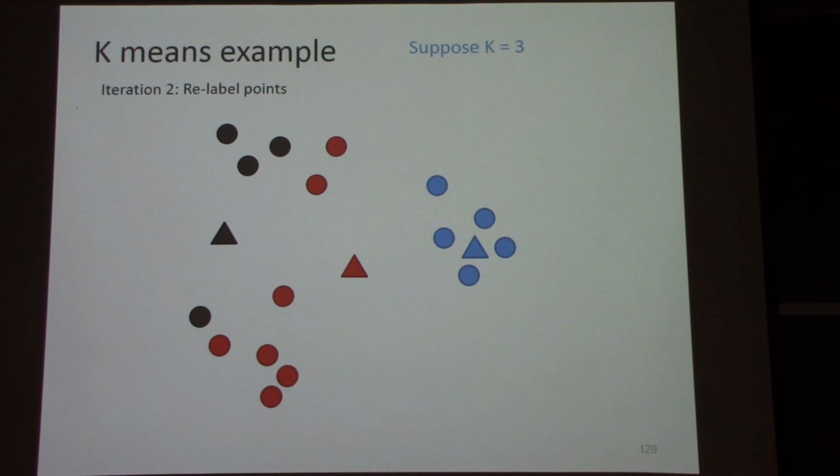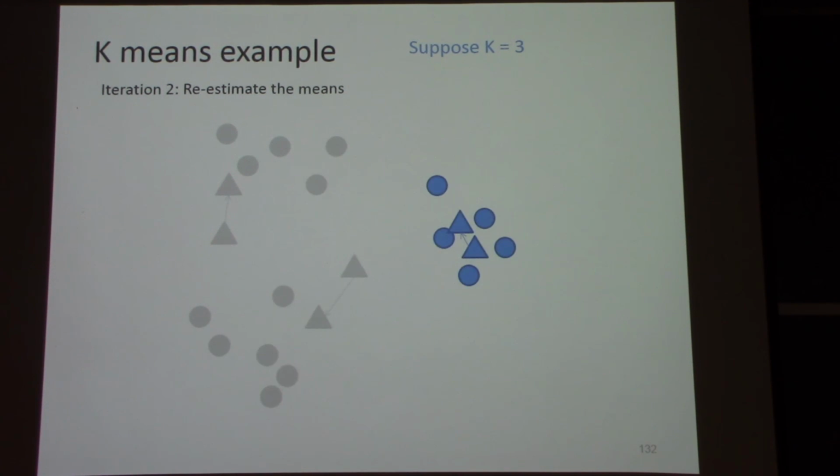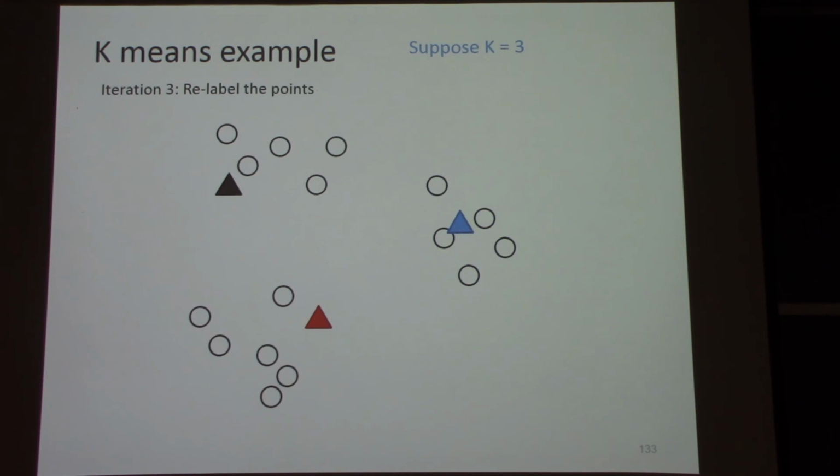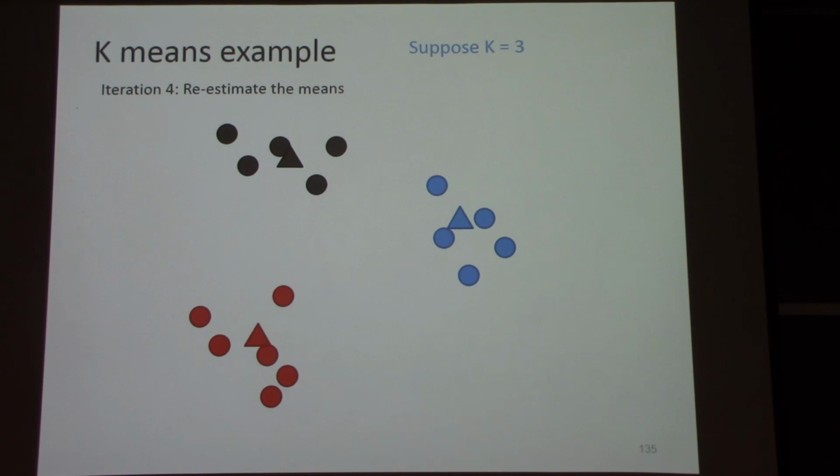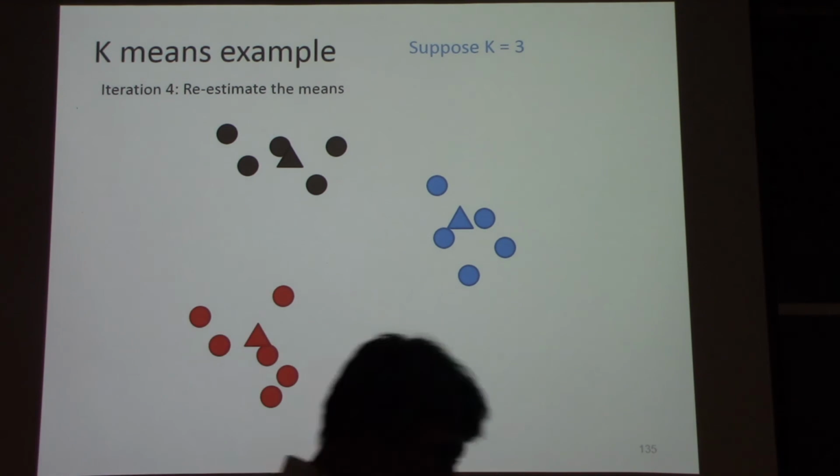Okay? And again, do the same thing. Recompute the means. So you have k means that you iteratively recompute. And you get a new set of cluster centers, and you color the points again. At this point you can stop or not. Here I have stopped because there's only so many slides that I can make. But this is basically the intuition behind k-means.